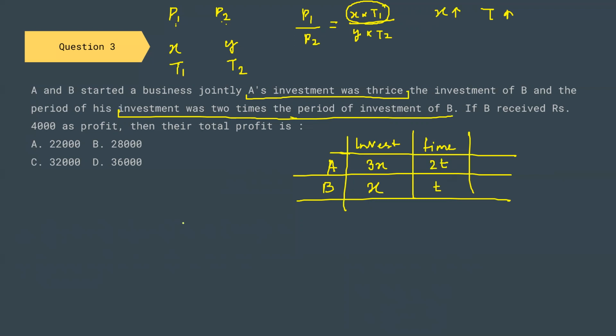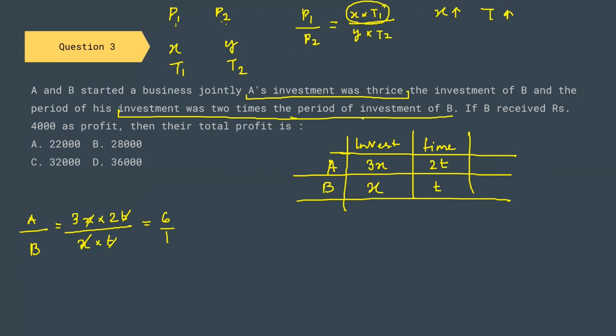Now the ratio of profit A by B will be equal to 3x into 2t divided by x into t. So x cancels, t and t cancel. So the ratio of their profit will be 6 is to 1, or 6 by 1.